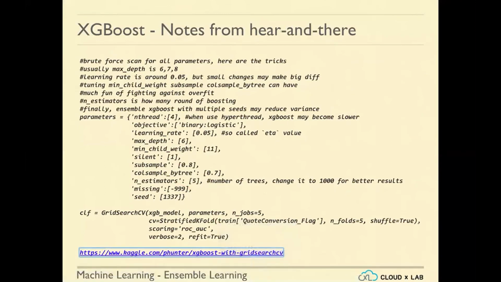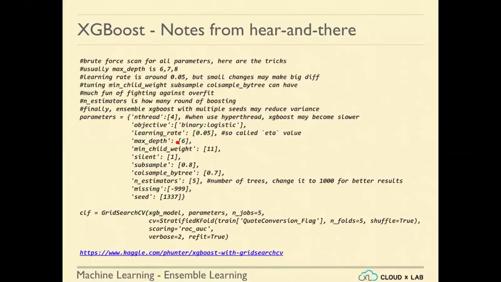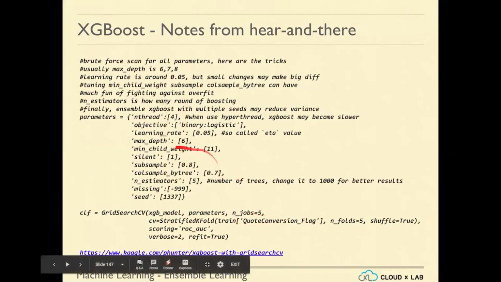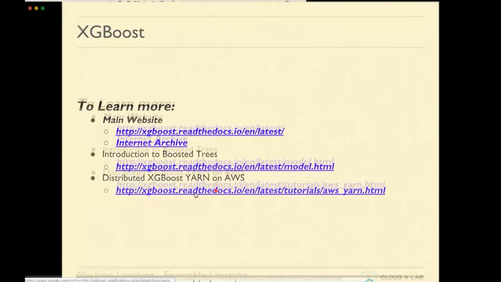And here you go. All right. So this is one of the sets of parameters that seems to work for some, but you are free to try out more permutations of this. That's why we are using the grid cells. All right, to learn more, you can go here.